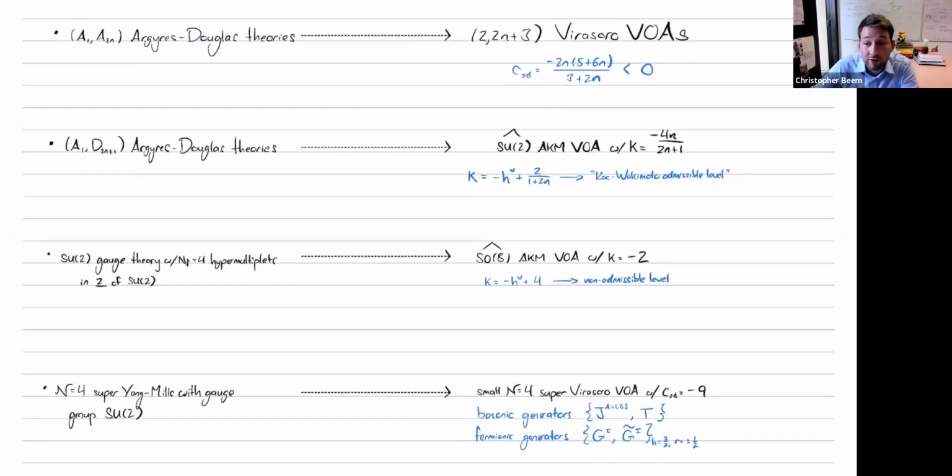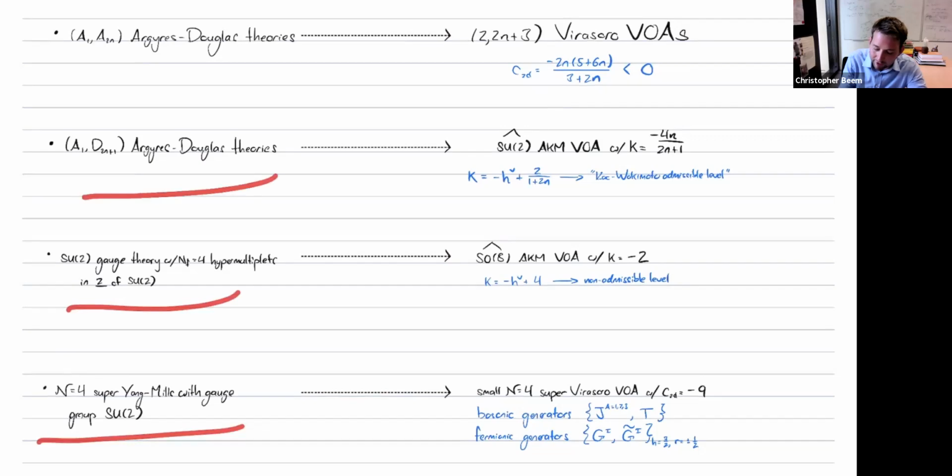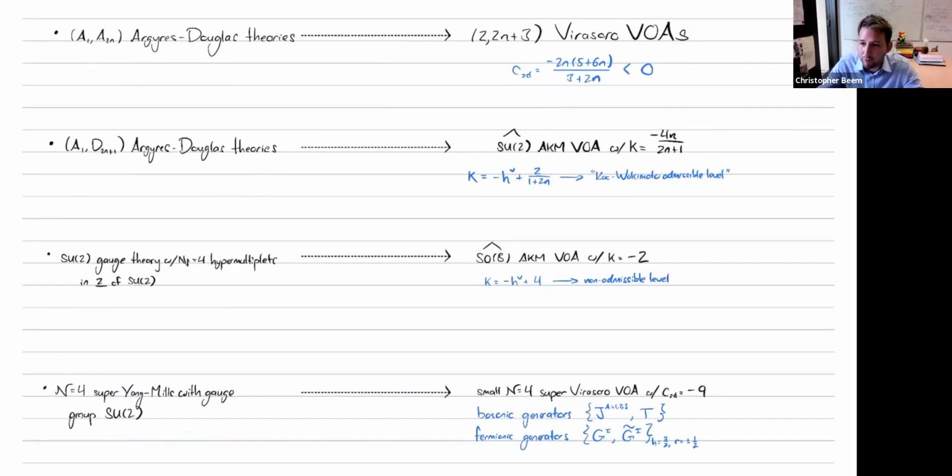So for people in the audience, if there are any who are not lovers of four-dimensional N=2 SCFTs, don't worry too much about the characterization of these theories on the left-hand side. I just want to show what part of the vertex algebra world we're populating via this map.